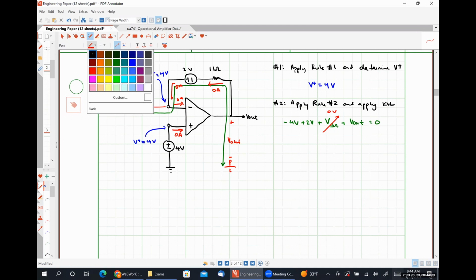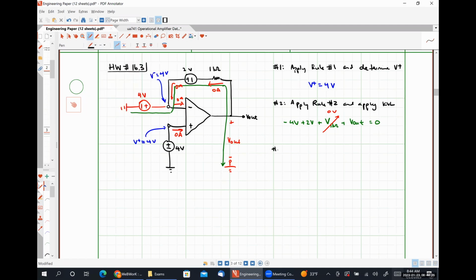From this, we can now simply solve our KVL equation for V out. And so that's going to look like V out is going to be 4 volts minus 2 volts, which is equal to 2 volts.